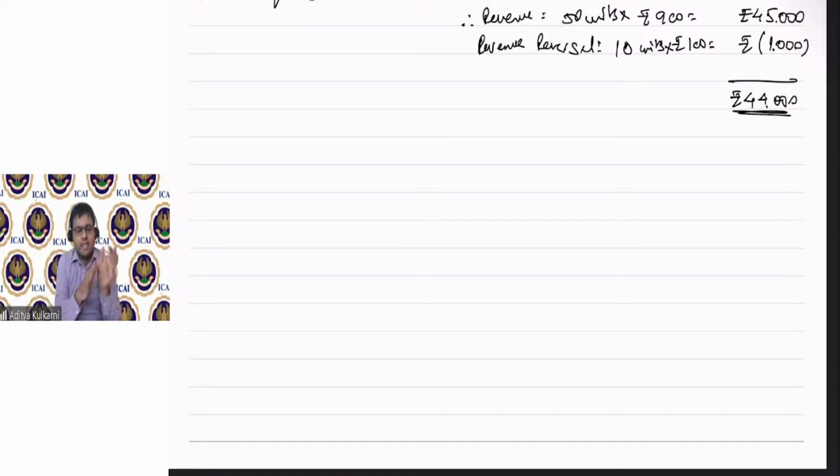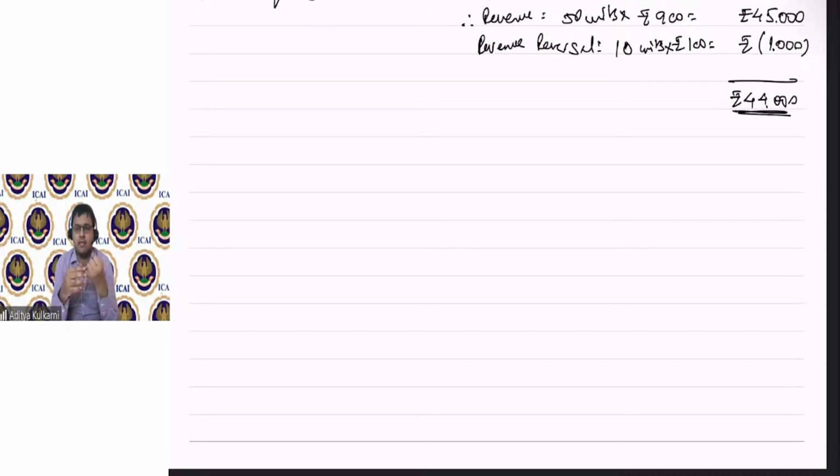There could be a fixed element, there could be a variable element, there could be only variable element, there could be only fixed element. So when we talk about consideration, the fixed portion will obviously form part of the transaction price. The variable consideration will also form a part of the transaction price if it is not subjected to any constraint. But if it is subjected to constraints, what could be the constraints?